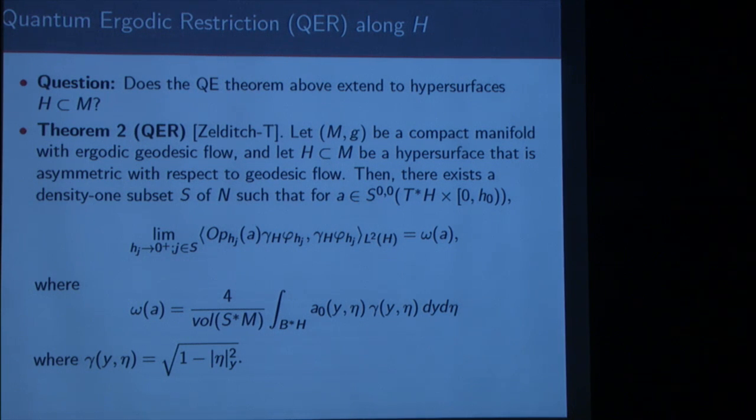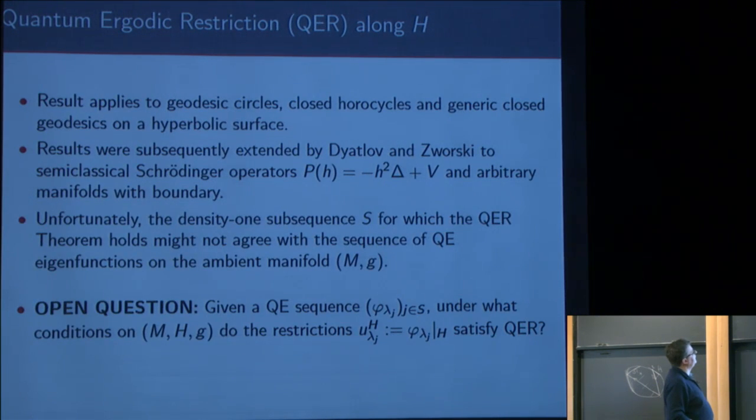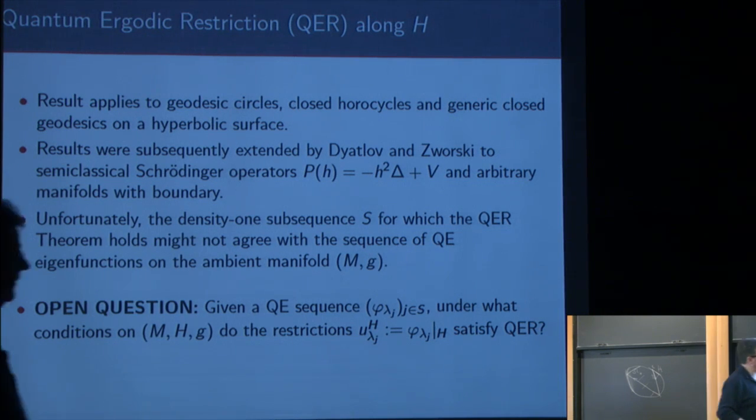So there is this price that you cannot directly relate this result to the quantum ergodic eigenfunctions, because you run a variance argument. You have to throw away thin subsequences that might differ from the ones you throw away for QE. Let me just say that this result does apply to things like geodesic circles, closed horocycles, generic closed geodesics, not this kind, obviously.